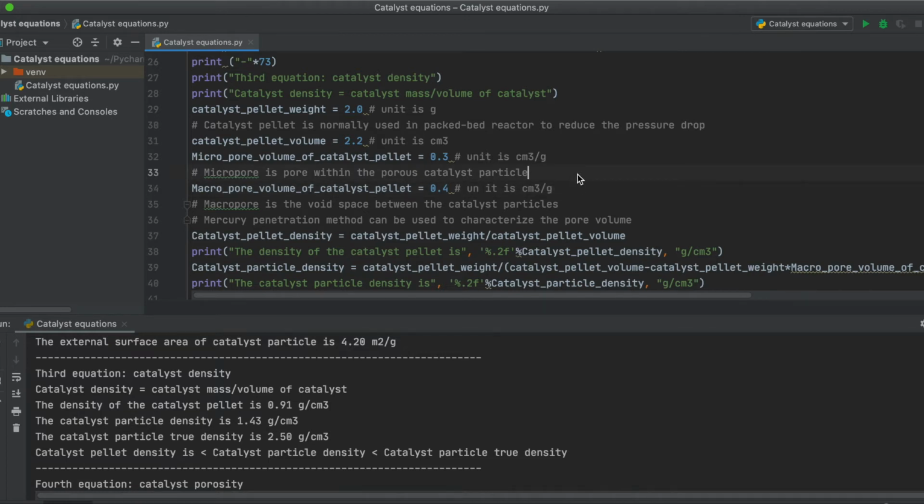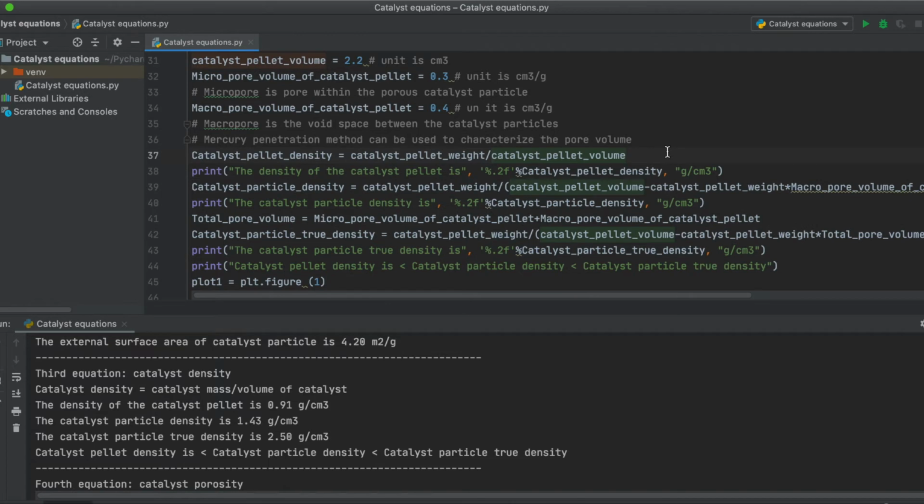The micropore in this case is the pore within the catalyst particle, and the macropore is the void space between the catalyst particles. So these two are quite different. One technique we can use to get this information is the mercury penetration method.